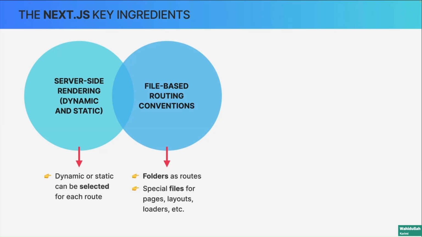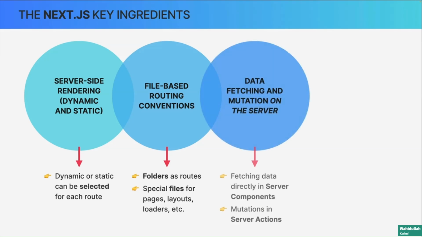And now, probably the most important part is that Next.js gives us the ability to fetch and mutate data right from the server by using those React server components and server actions that we talked about a bit earlier. And this is a fundamental shift from building React apps the way that we have done up until now, which was entirely on the client, right?